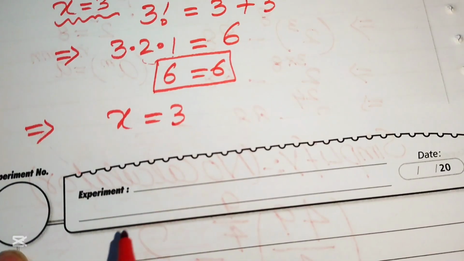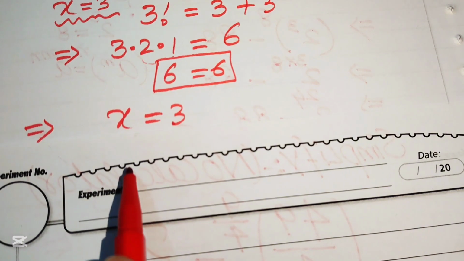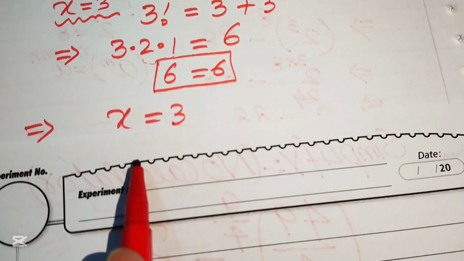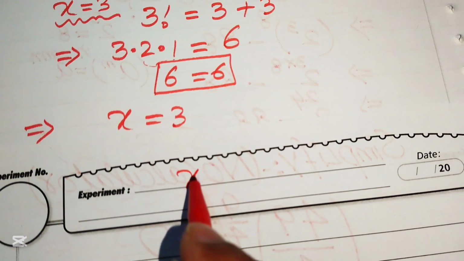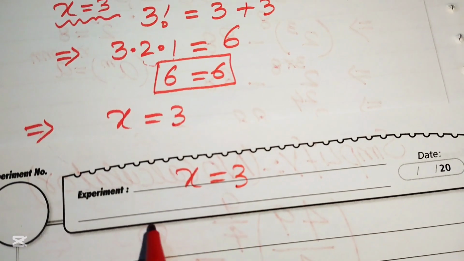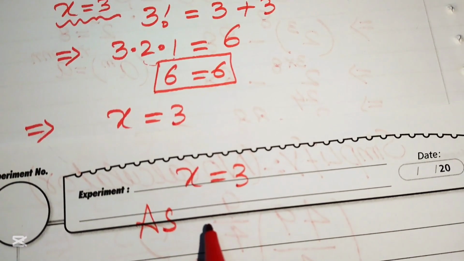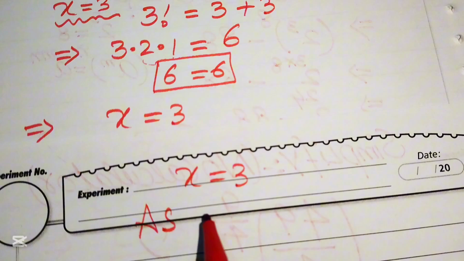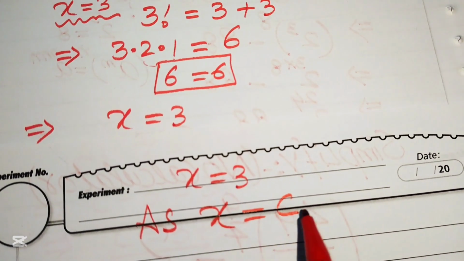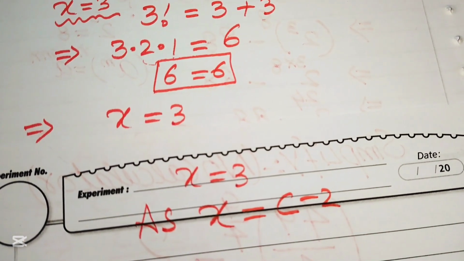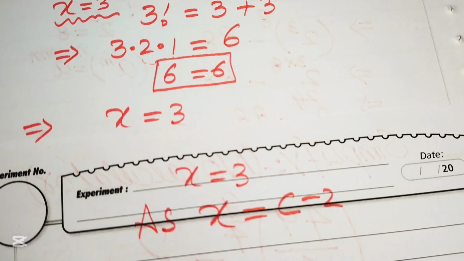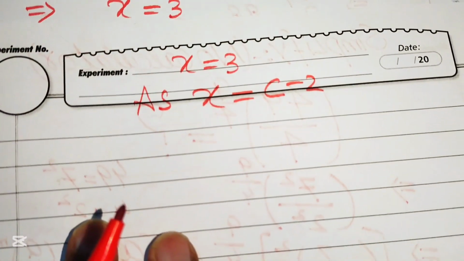Now we move backward to find the value of c, because we solved this problem for the values of c. Here we have x equals 3, but if you move backward, we have x equals c minus 2. Now we need to back substitute this value of x.